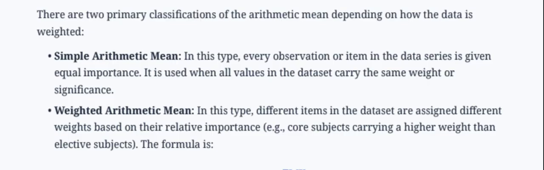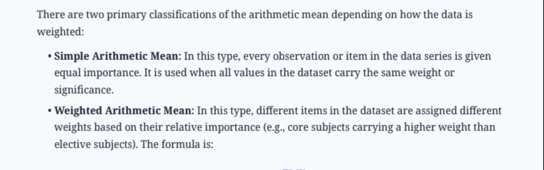In simple arithmetic mean, we believe that all the numbers we have carry equal importance. Now, if we talk about the weighted arithmetic mean, in this type different items in the data set are assigned different weights based upon their relative importance. What is more important, we give more weightage, and what is less important, we give less weightage.